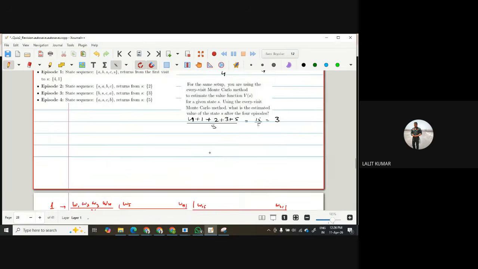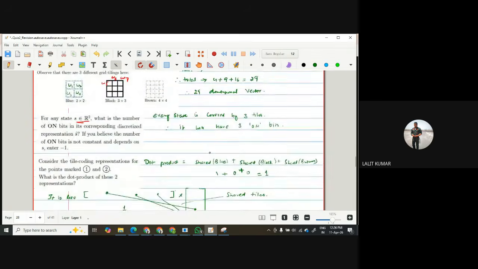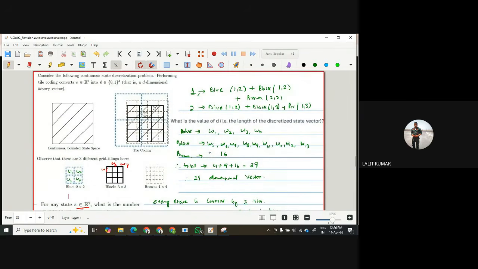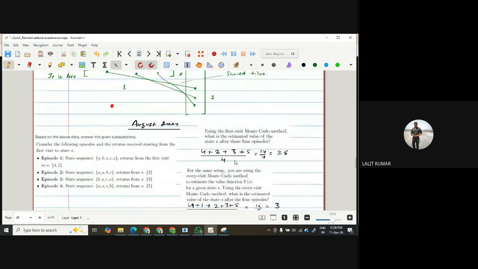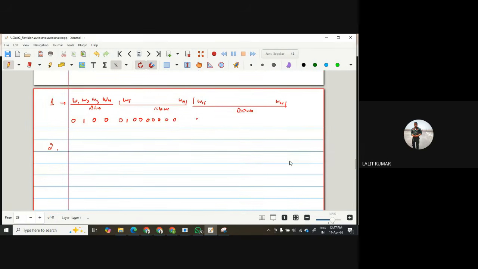And similarly in brown, now brown also I give some numbers. So in brown also, this is 1, 2, 3, 4, 5, 6. So this is this point, this one. So this will be 0, 0, 0, 0, 0, 1. Rest all zeros. Is this okay?